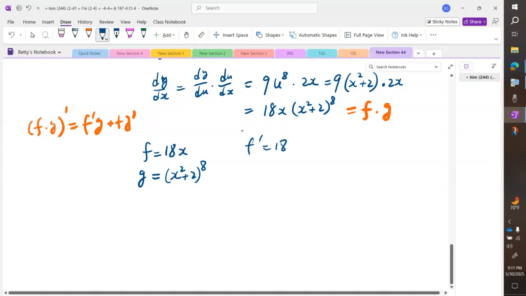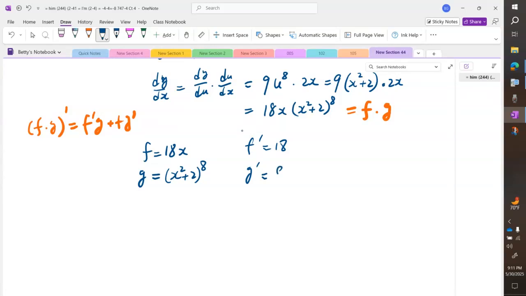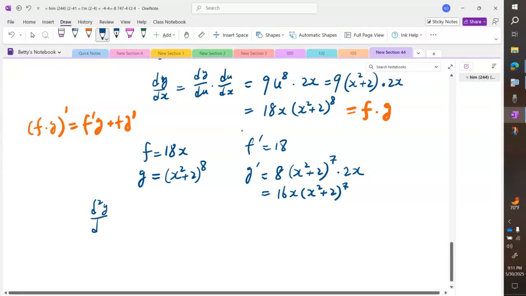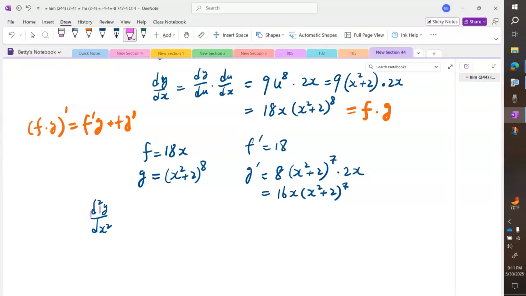F prime is 18. G prime, similar to what we did earlier, right? Use the chain rule. Bring 8 in front, (x squared plus 2) to the power of 8 minus 1 is 7, and then times the derivative of the inside function, which is 2x. Simplify. We have 2 times 8 is 16x (x squared plus 2) to the power of 7. So the second derivative, d squared y over dx squared. Sometimes I say that, but it doesn't mean it is correct. Actually, it's not the right way to say it.